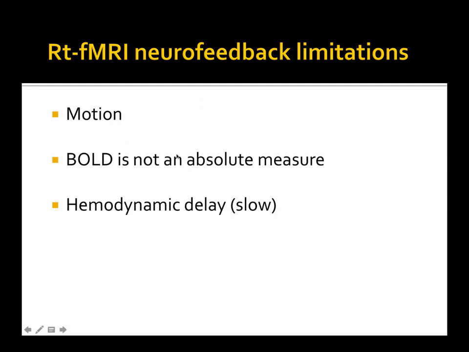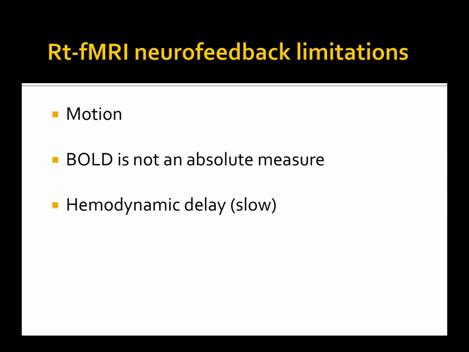The second problem is that when we measure EEG, we're measuring a voltage. That's an absolute measure. We can correct by impedances. There are a few things that you may need to adjust, but it's a metric with a unit. fMRI is not, so we usually refer to a percent signal change. We can refer one area to another, but we don't have a proper calibration for that.